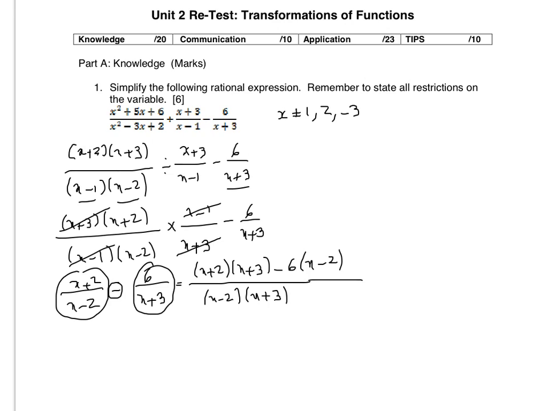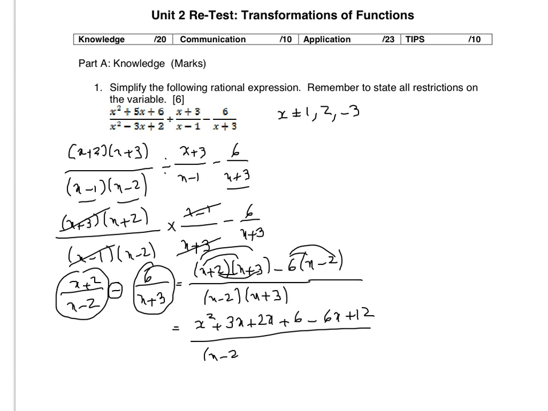Now again, I look at the denominator. There is no new restriction added, so I'm just going to go ahead and simplify. I'm going to distribute these two brackets and also this one. I'm going to get x times x is x squared, plus 3x plus 2x plus 6, minus 6x plus 12, over x minus 2, x plus 3.